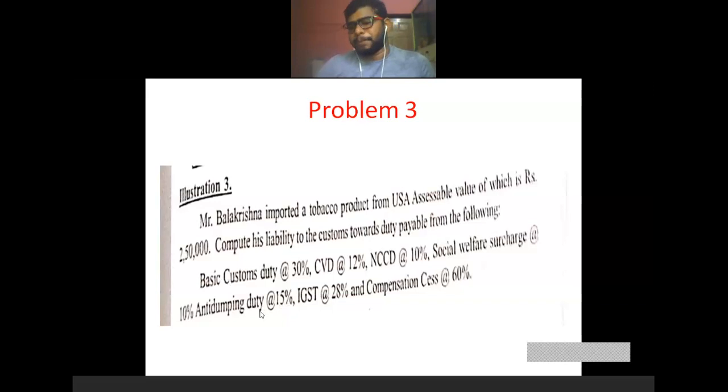Now it is simple, because anti-dumping duty is given in terms of percentage. Therefore, anti-dumping duty you have to calculate directly. In the last two problems, you calculated anti-dumping duty at the end, but here immediately after the social welfare charges you can calculate anti-dumping duty according to the format.